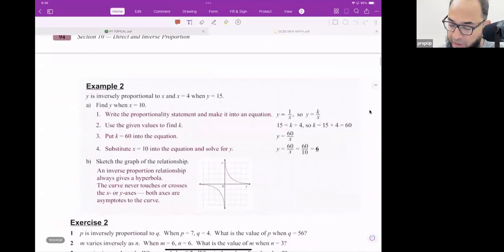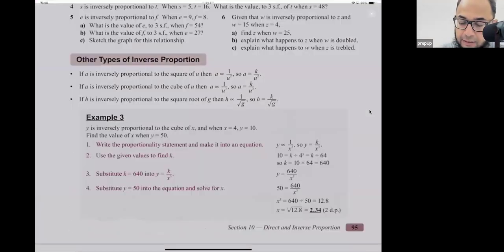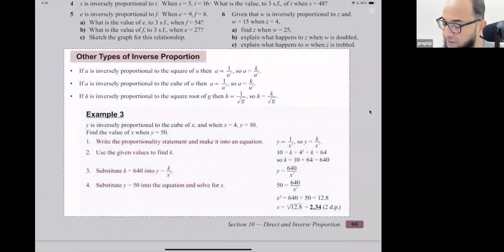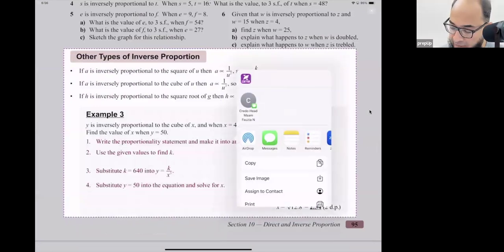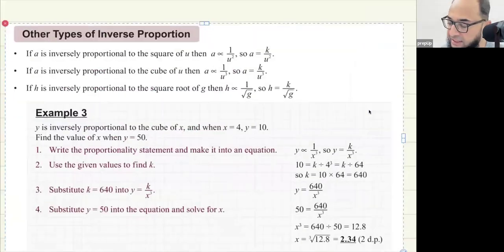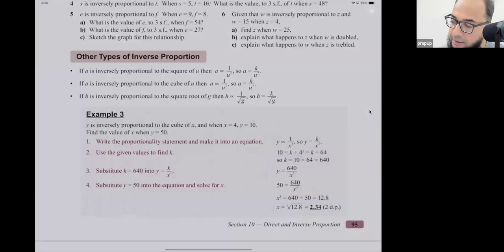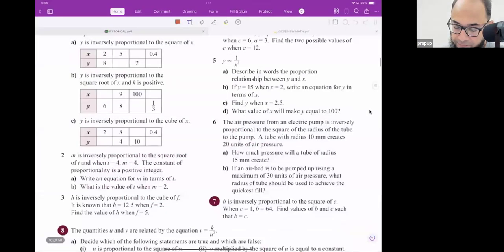Now, other types of inverse proportions. Let me write this, copy this over here, and do a question on it. Just like we did in direct proportion, let me select some questions from here.